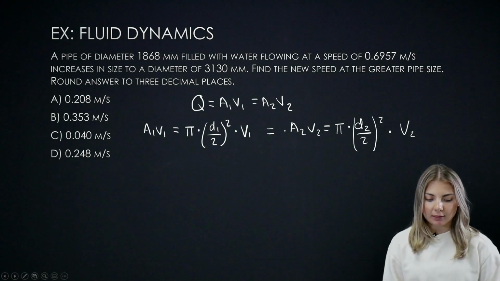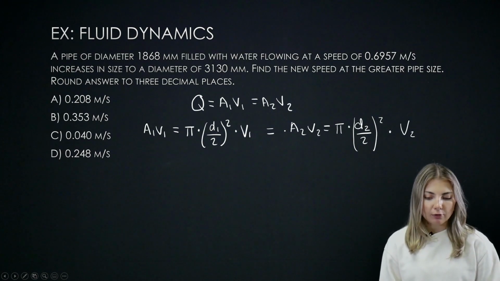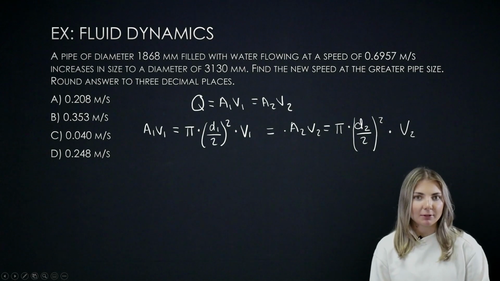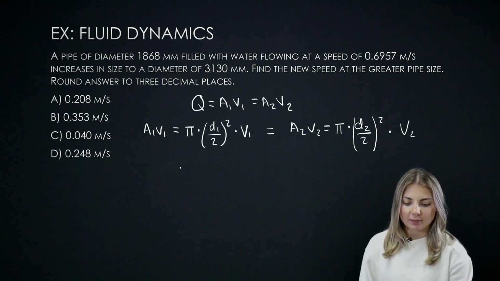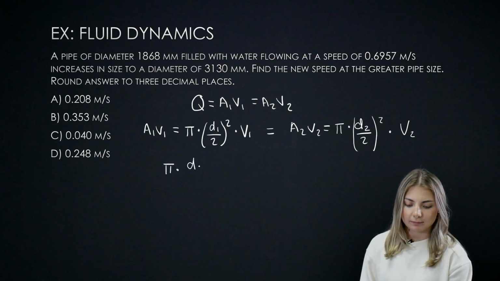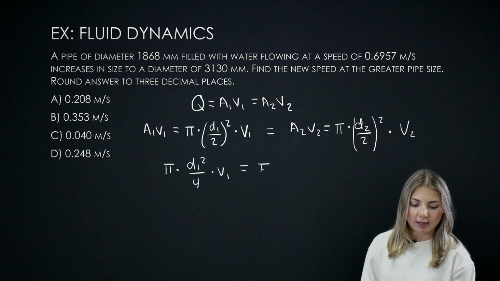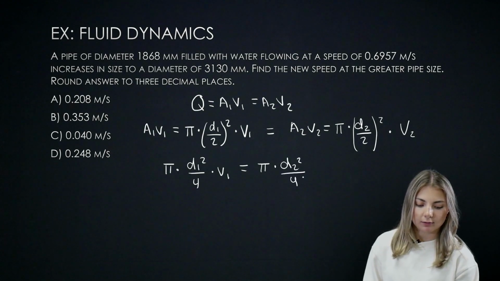Now we're going to apply what's given, and we're going to solve for the second speed. First off, there are some things that can be simplified in order to make your life easier, especially without a calculator. Let me just rewrite this here. We have pi times d2 squared over 4 times v2.